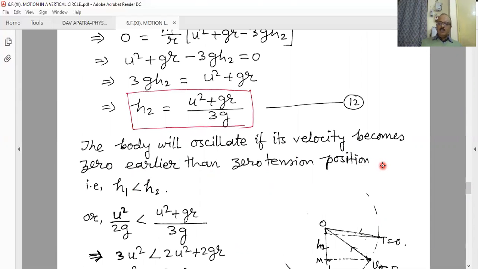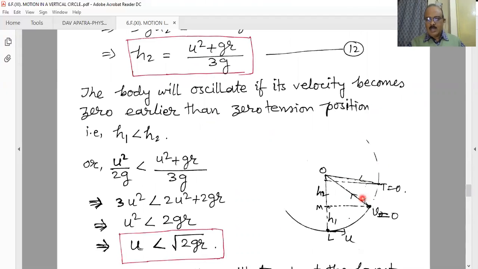That means at a certain height the tension will be 0, and at a certain height the velocity will be 0, and it will only oscillate when the velocity becomes 0 before the tension becomes 0. That means h1 is the vertical height where the velocity is 0, and h2 is the vertical height where the tension is 0. When h1 is less than h2, in such a case it will oscillate.